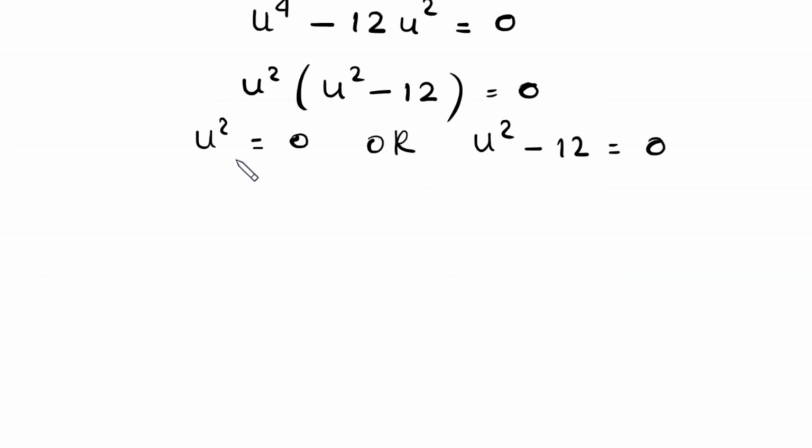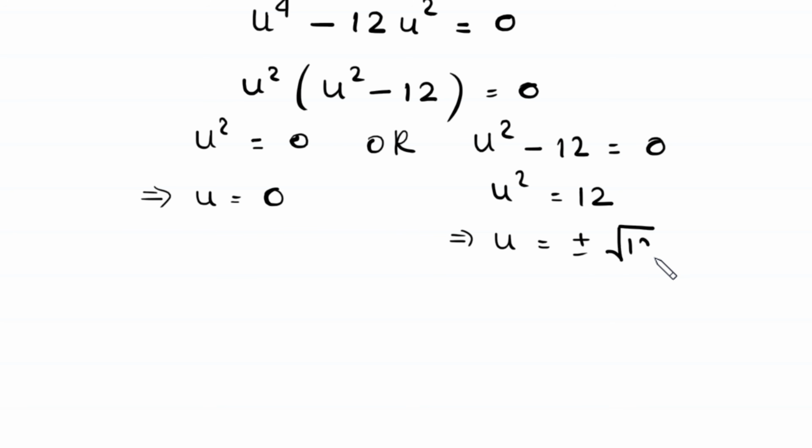From this equation, if we take square root of both sides, this implies that u is equal to 0. And from this equation, move this negative 12 to the right hand side, this will become u squared equal to 12. And if we take square root of both sides, this implies that u is equal to plus minus root 12. And this can be simplified as u is equal to plus minus 2 times root 3.